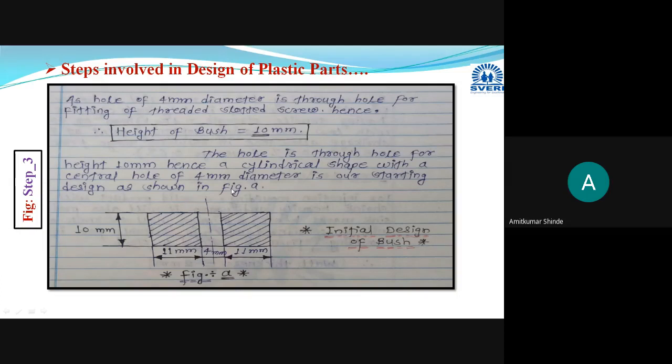Area of the bush will be pi by 4 in bracket, outside diameter 26 square minus inside diameter 4 square. And the load acting on each bush is 20 kg. It will be 20 divided by that area of the bush, and you will end up with the stress.